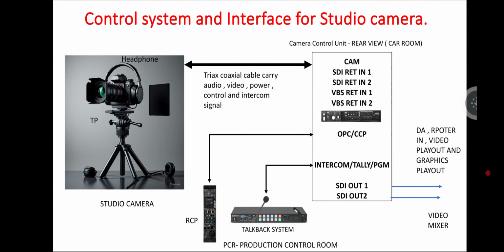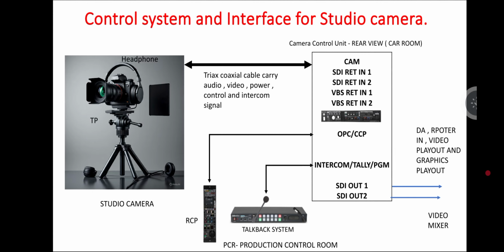So now we are talking about the coaxial cable. The coaxial cable is the interconnectivity between the studio camera and the camera control unit. The camera control unit is generally installed in the CCR room, and the studio professional camera is generally in the studio or somewhere in the newsroom.